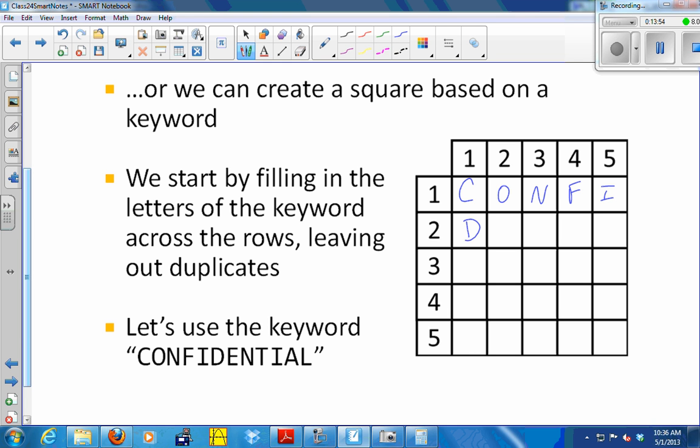I've already used an N, so I can't write N twice because I only have 25 boxes. So I skip the N and I go to the T. I've already used I, skip that, and I go A, L. So I write out the word confidential, but I leave out any duplicates. Right? You can only put each letter in a box once. So everybody see what I did?